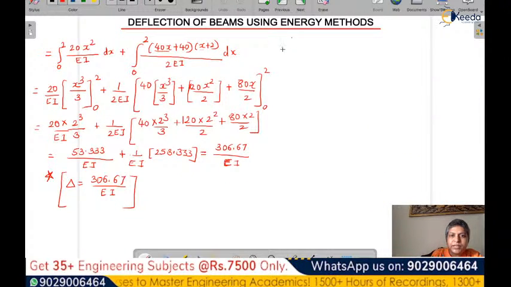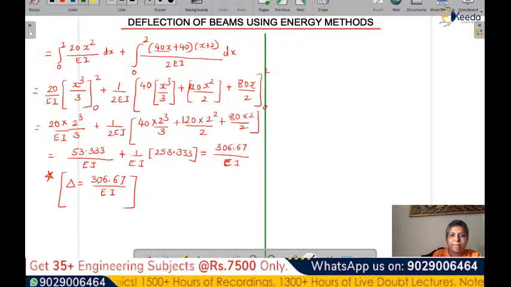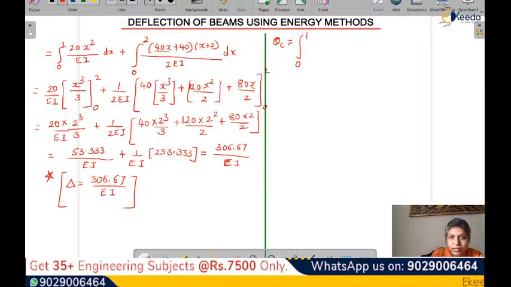Rotation means theta, the rotation at the free end, the rotation at point C. So theta C is equal to 0 to L m into m2 divided by EI.